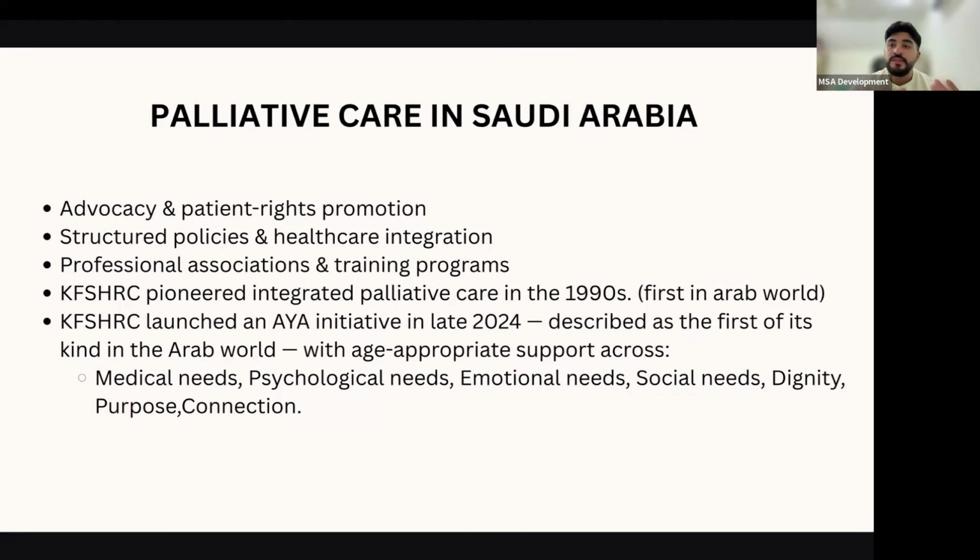And ever since 1990 till now, we have more structured policies and healthcare integrations. And now you can see palliative care has been integrated across multiple disciplines in the hospital, and now there are official professional training programs that train teams and train doctors on palliative care.